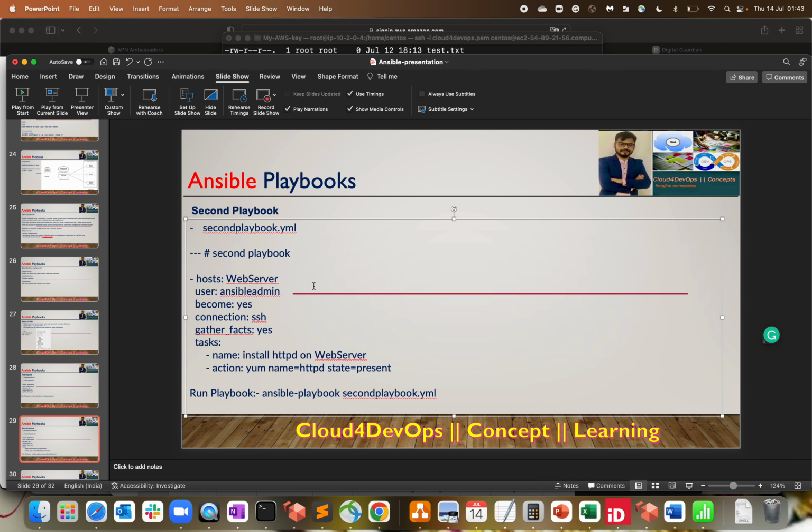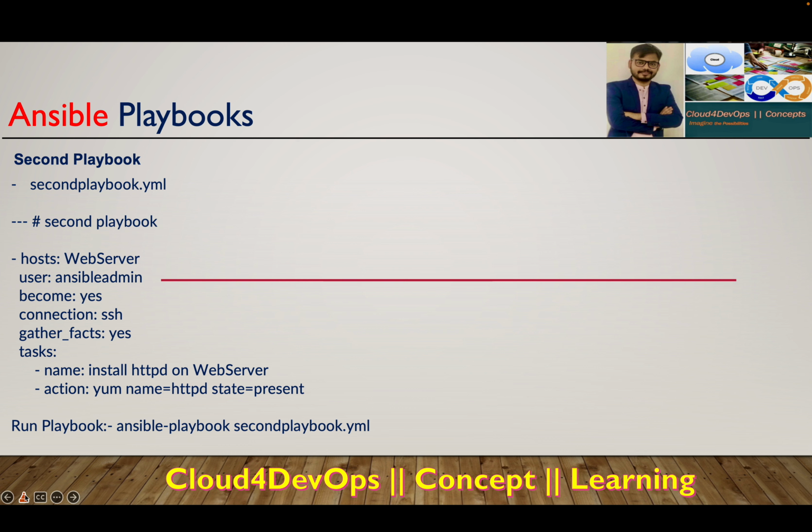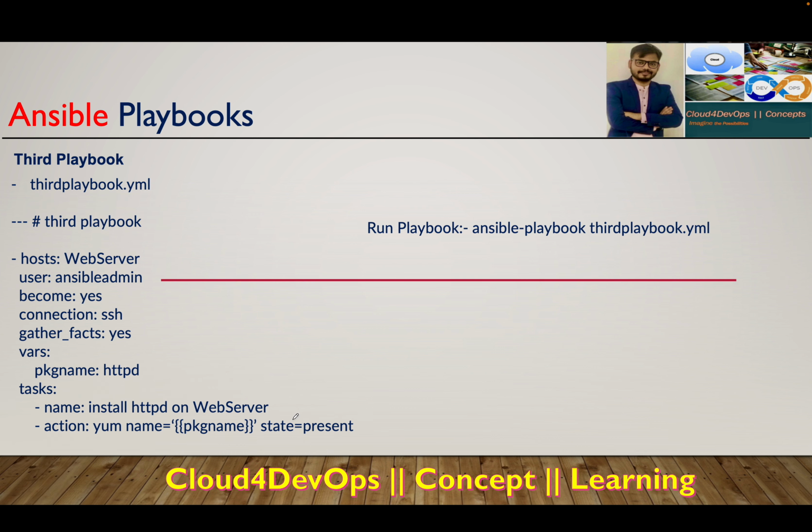So I hope this clears up the target section and the task section. Let's start our presentation again. Let me have my pen selected. This is our third playbook, and in this playbook we are also doing the same stuff, installing Apache on our web server. But this is a bit different from the second playbook.